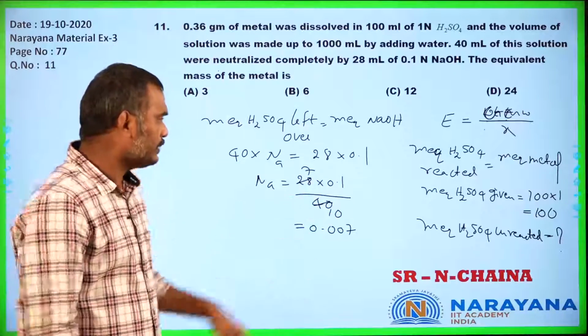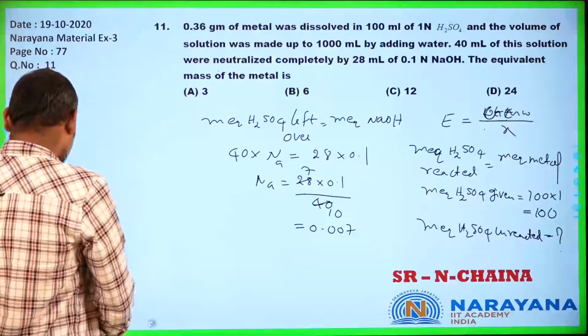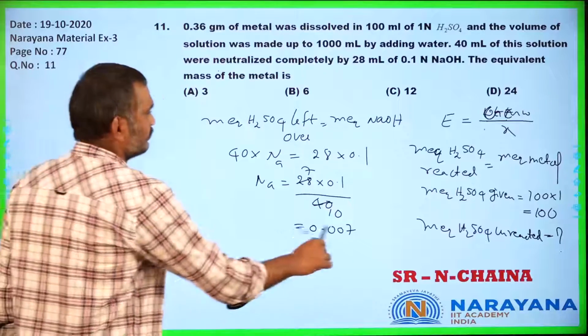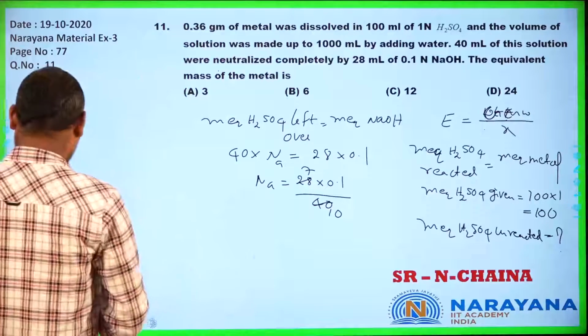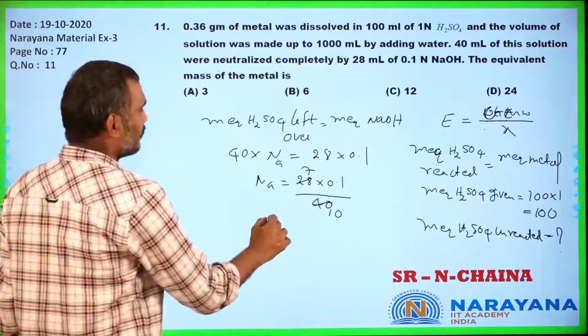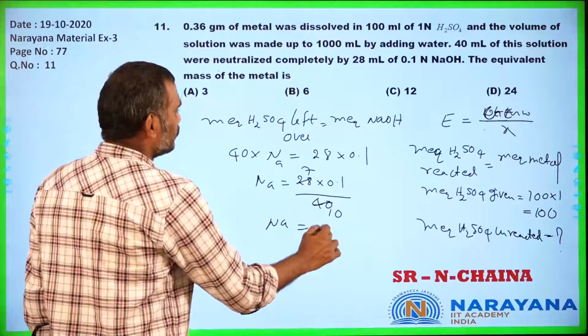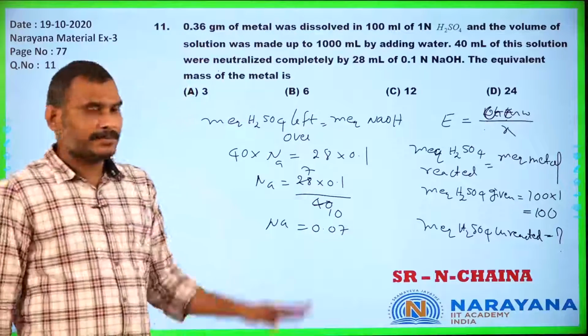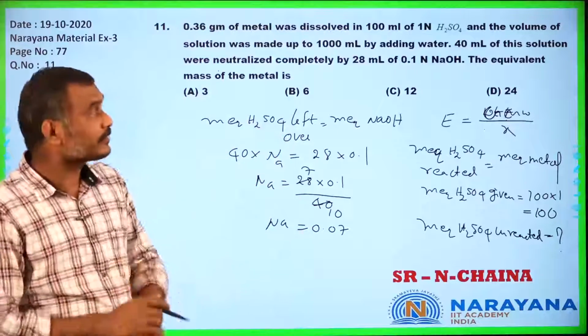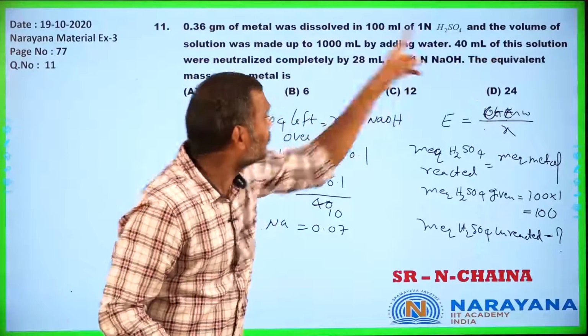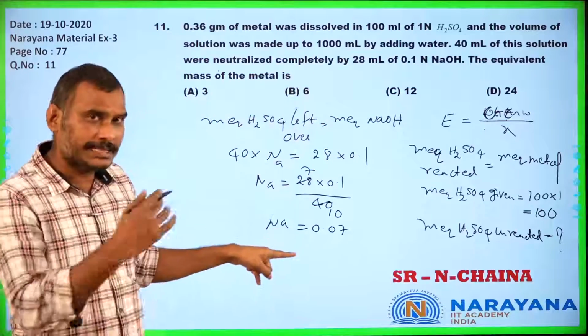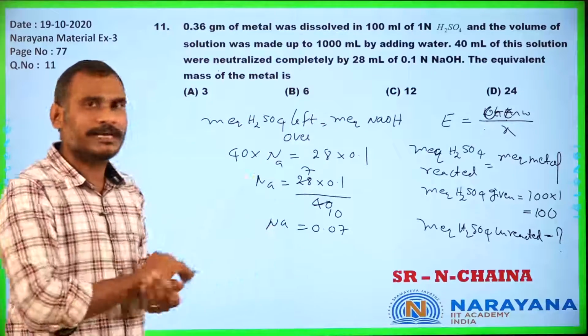Normality of the acid is 0.07. This is for 40 ml. They calculated the normality for 40 ml of this solution, and the leftover acid normality is 0.07.